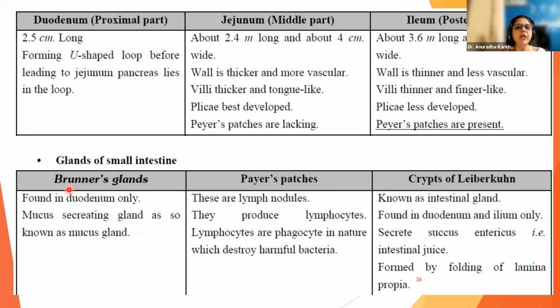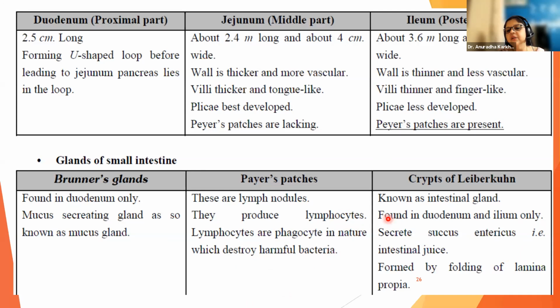Fine. I'm again coming to this particular part which we had seen in the last class. Now it will be more clear to you all. See this. Glands of the small intestine: Brunner's gland, the mucus-secreting gland, also known as the mucus gland. Peyer's patches, lymph nodules. They produce lymphocytes, that is your antibodies, and the lymphocytic cells which eat away and destroy harmful bacteria.